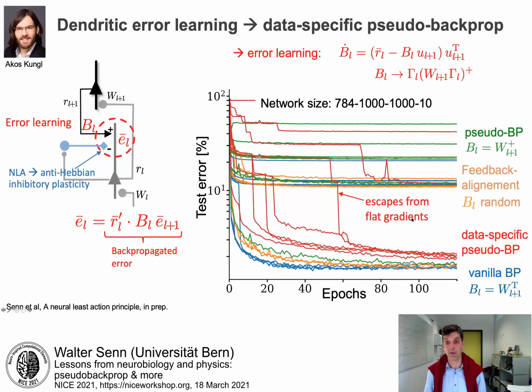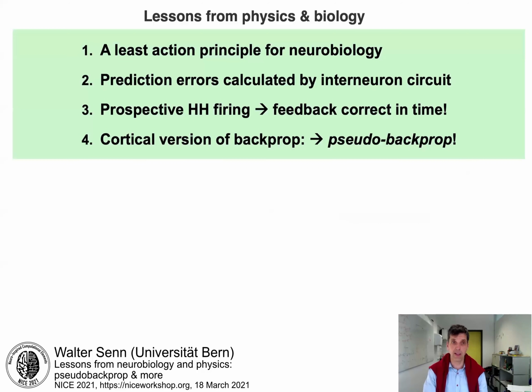So in that sense, we think it's helpful for us to also to really try to apply those principles to the brain, to the cortex, and derive these learning rules and test them. And that's what we did. And the lessons I'm presenting you that are for us also from physics and biology.